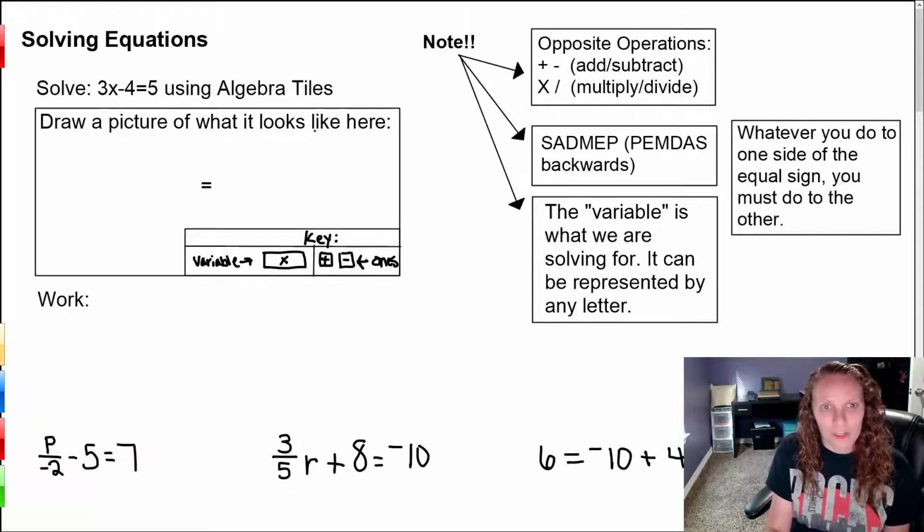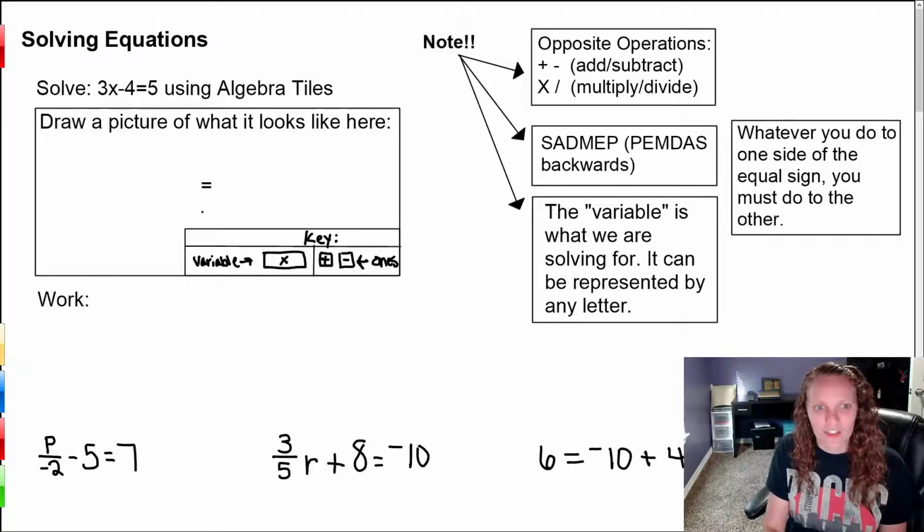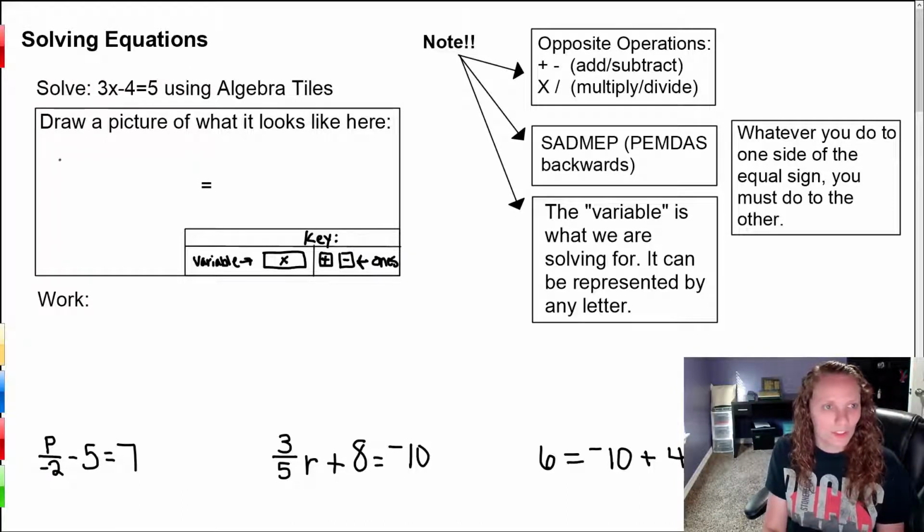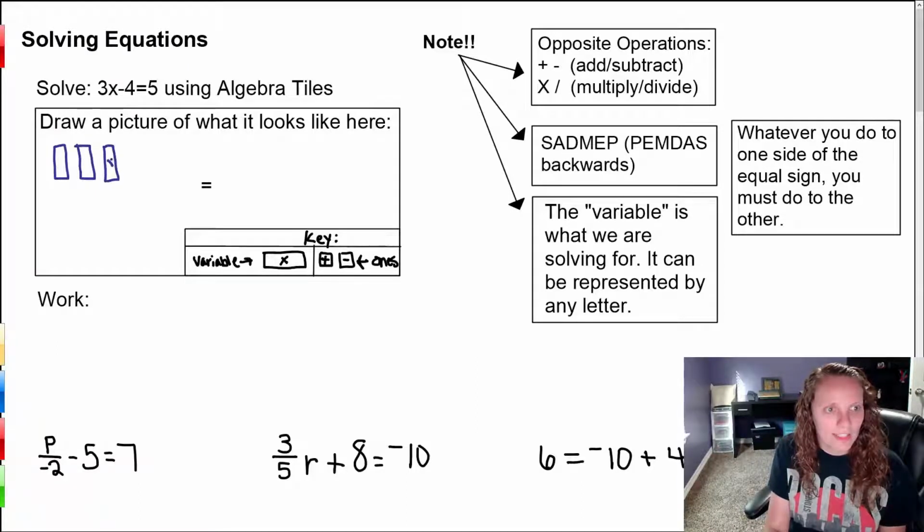And we're going to draw a picture of what this equation looks like using algebra tiles. And down here at the bottom we have a key. X is represented by these rectangles. So let's draw 3 x's. These are not base 10 blocks. So there's 3x, and then we're going to draw minus 4.